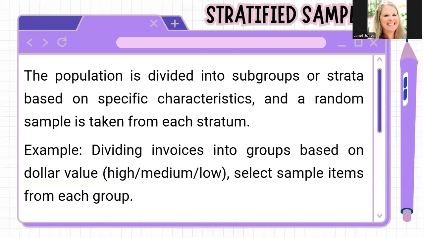So we would take one sample from the small group and make a conclusion about that small group, and then take another sample from the large group and draw a conclusion about those large items. So that is stratified sampling, where we are breaking up the items and then randomly selecting from those groups based on their characteristic.